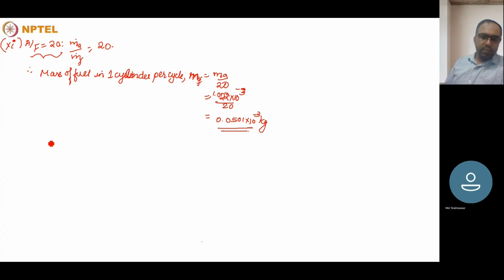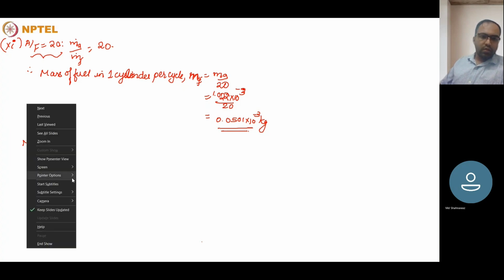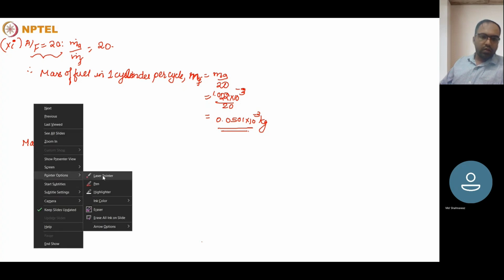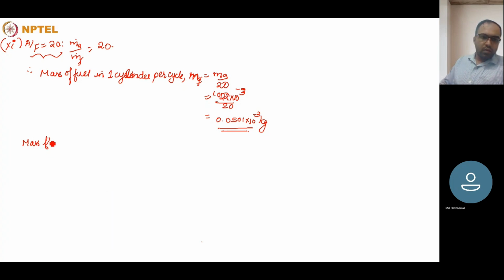So indirectly it can be calculated as mass of fuel per cycle multiplied by the number of cycles per second.